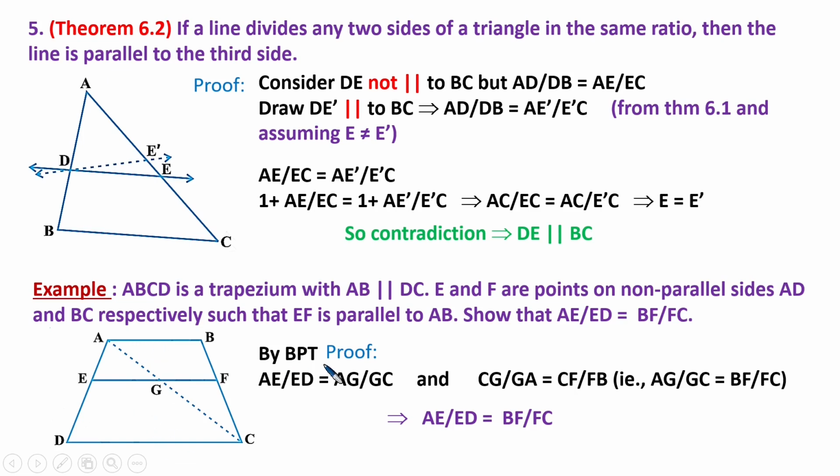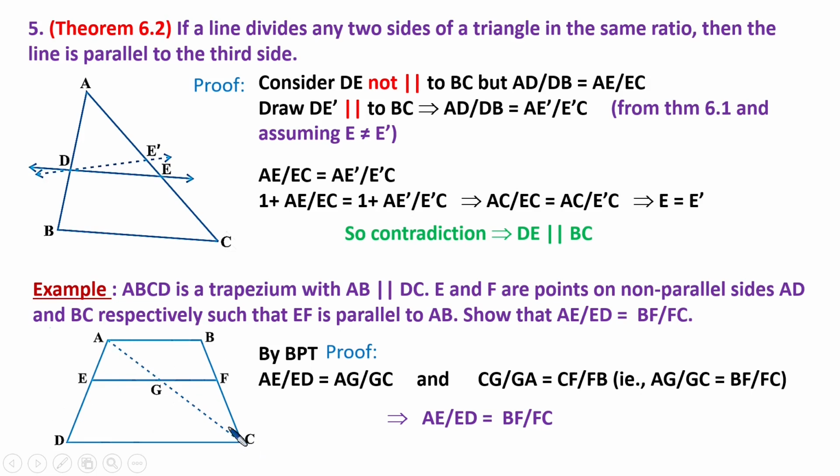So by the BPT proof, you draw one imaginary diagonal, you cross it. So you have one triangle here, this is ADC, and you have another triangle, say ABC. It intersects at this point G. So now you see this is common. I know from BPT that AE by ED is equal to AG by GC.